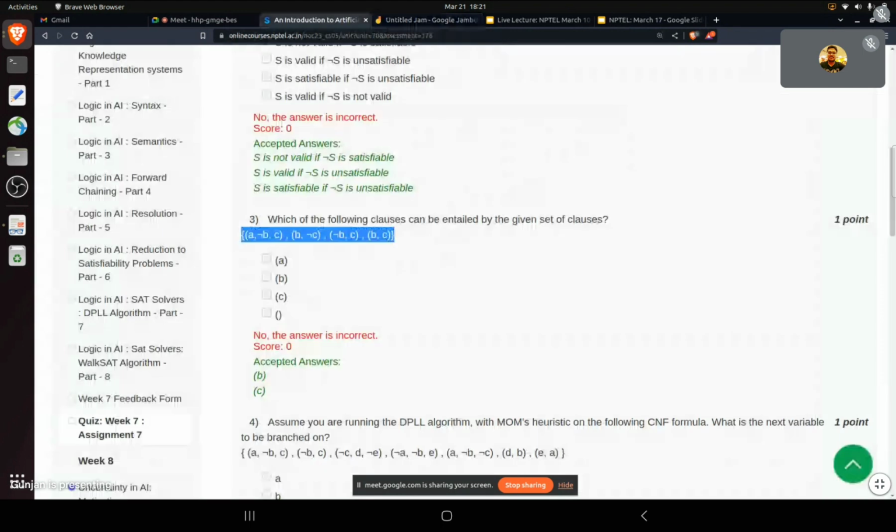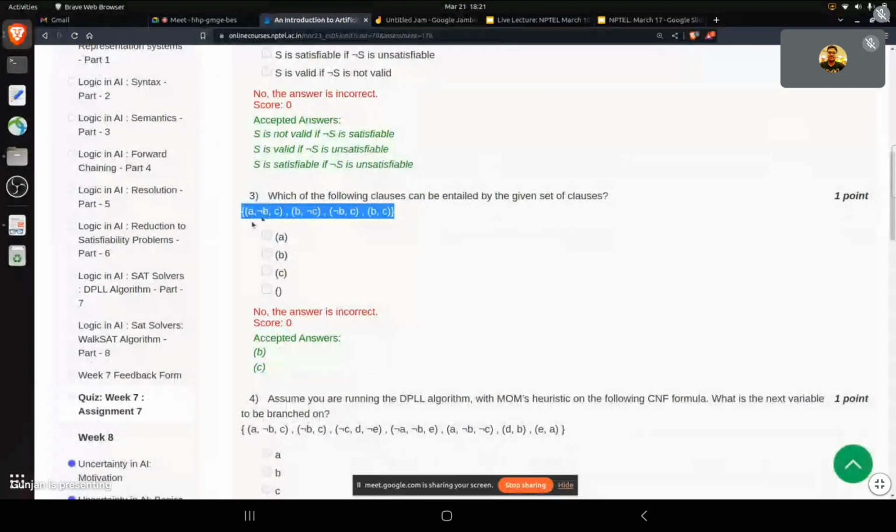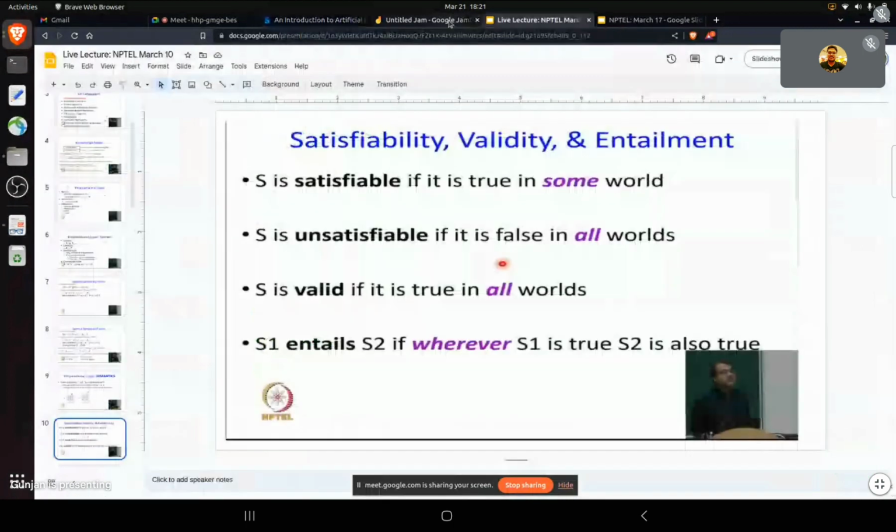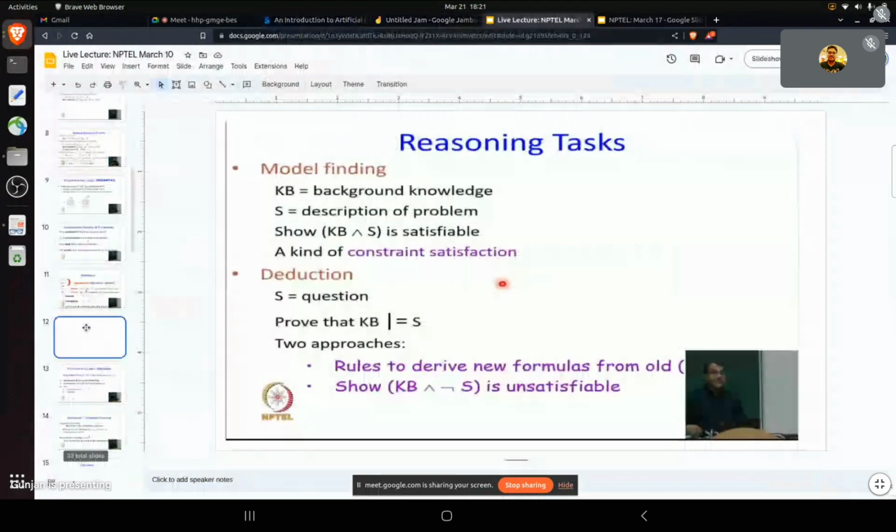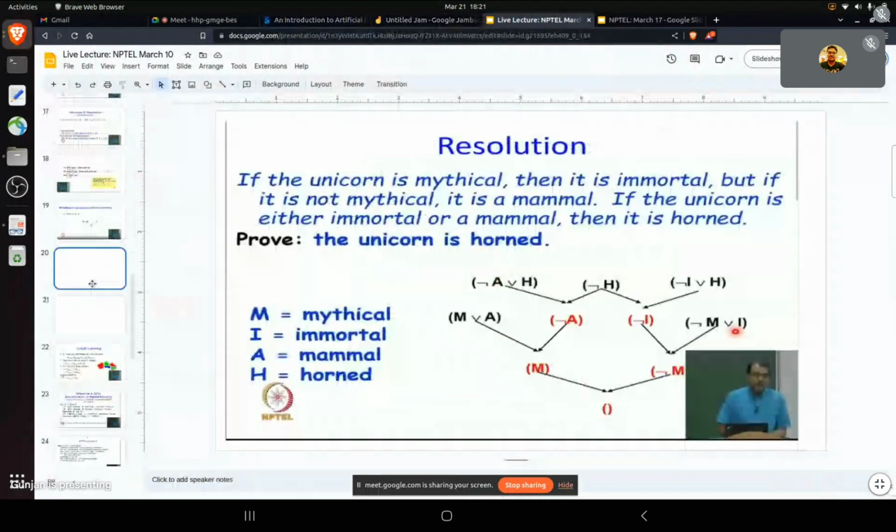So we can eliminate only one variable at a time. Let me quickly go over what was written here for refutation.